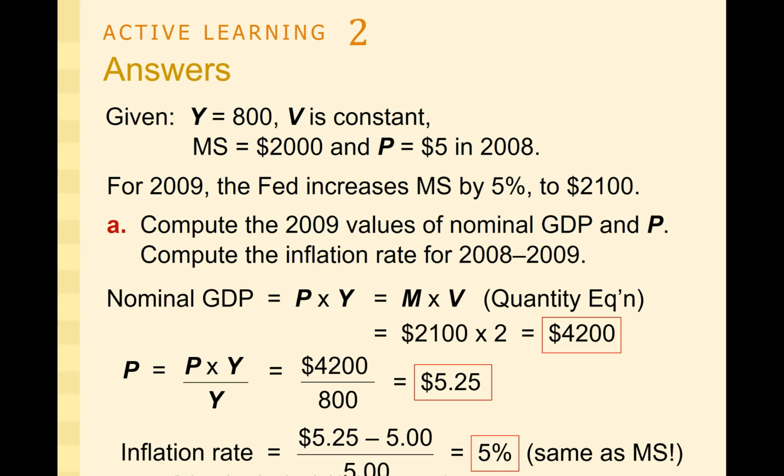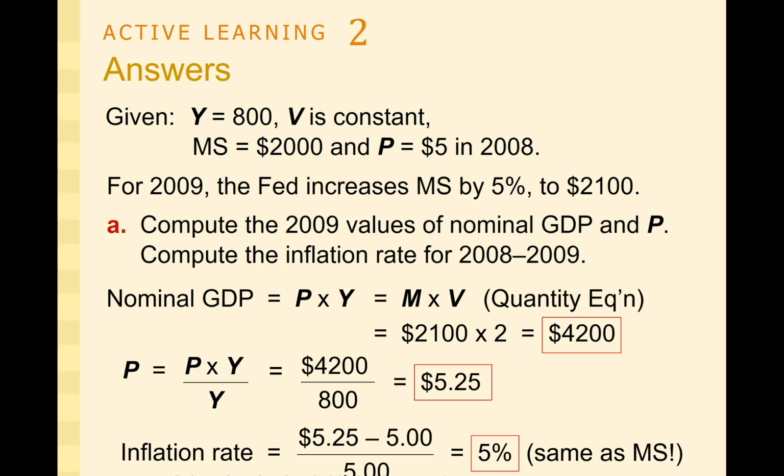Next, we can solve for P. So if we know that P times Y is nominal GDP and we want to solve for P, then we can just divide P times Y by Y and run through the numbers here. We have P times Y is 4,200. Y is given to us as output of 800, and so we can get the price level in 2009 at $5.25.